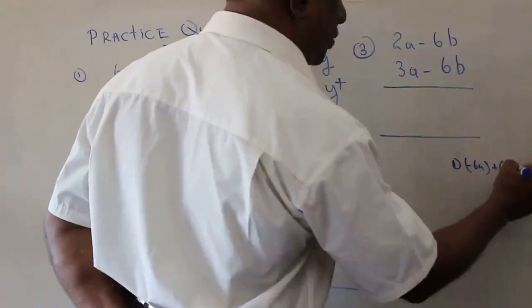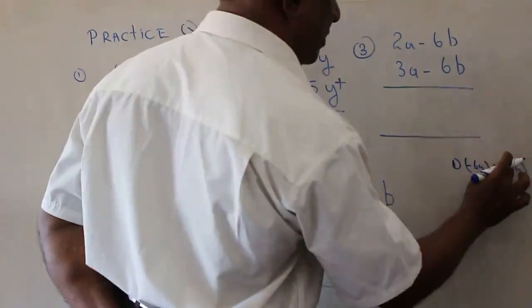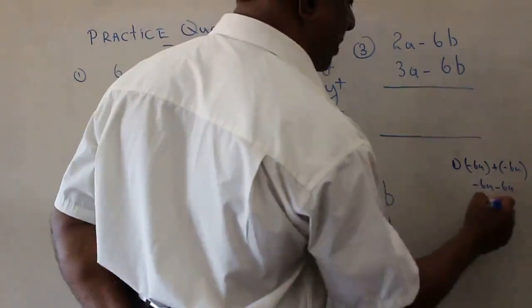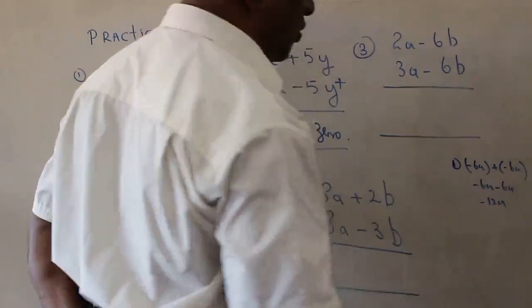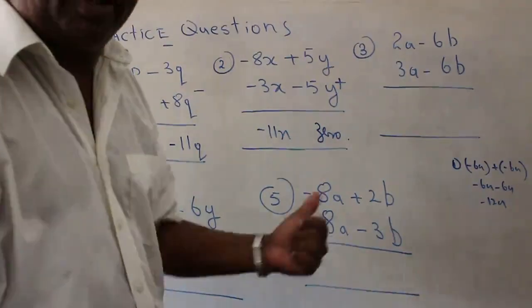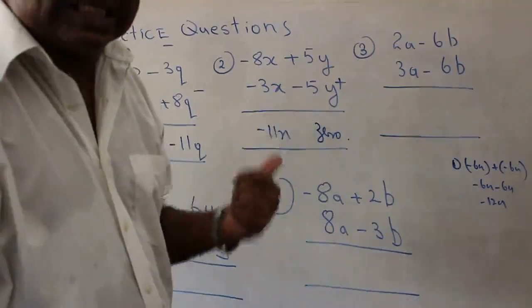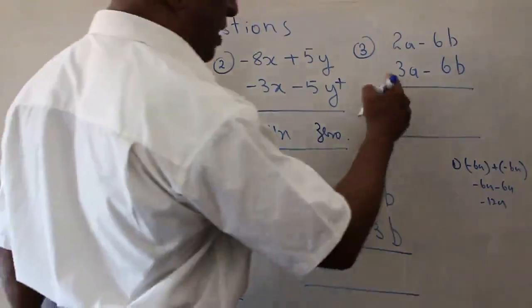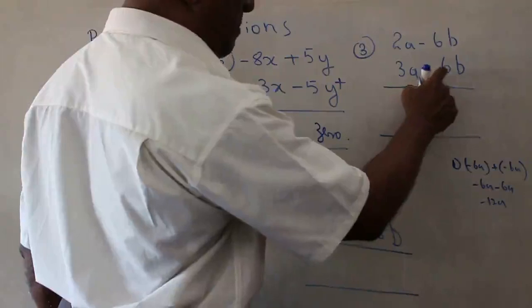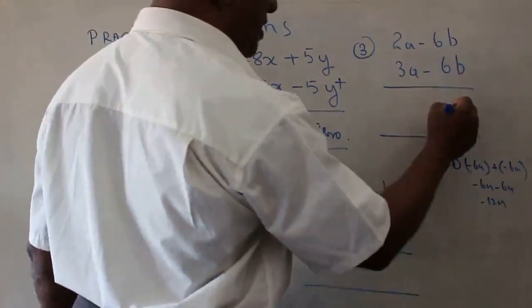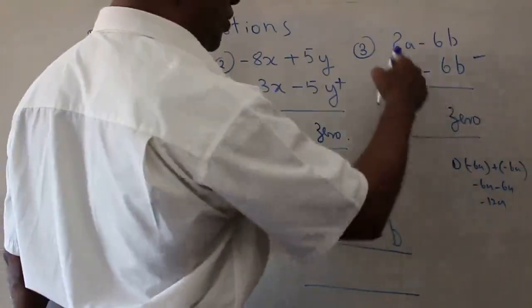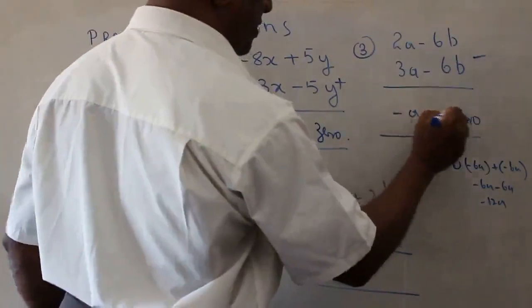No change in sign. What happens? Minus 6a minus 6a, which is minus 12a. So by adding you don't get b to disappear. So what is the alternative you have now? Subtract. When you subtract, bottom sign will change. Plus 6b and minus 6b is 0. So you have to subtract to make the 0. This will become minus a.